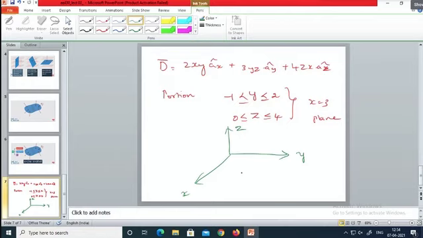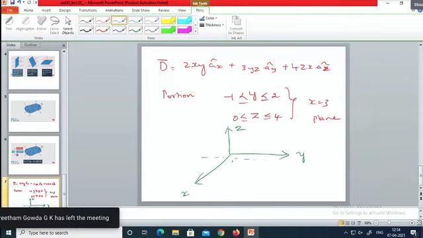Can somebody let me know? x is constant. Yes, it is the YZ plane. I will have to write YZ plane. That means my plane is like this.